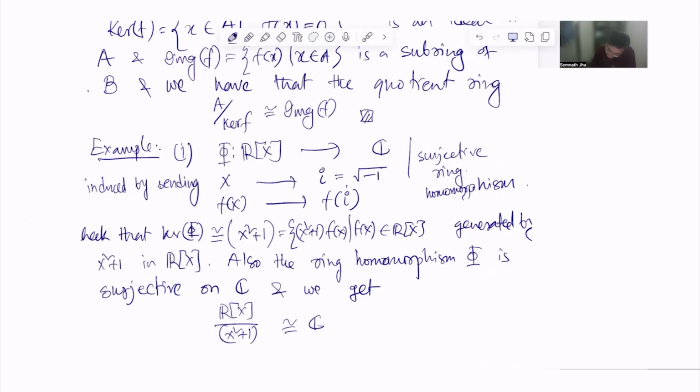This is the ideal generated by x squared plus 1 in R[x].